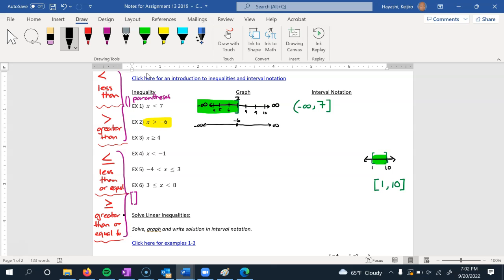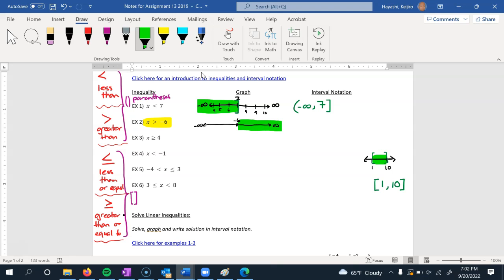Greater than. So x is greater than negative 6. So that includes numbers like negative 5, negative 4, negative 3, negative 2, negative 1, 0, 1, 2, 3, 4, 5. Those are all greater than negative 6. So which side of negative 6 are we going to want to shade? The right. We want the numbers that are greater than negative 6.